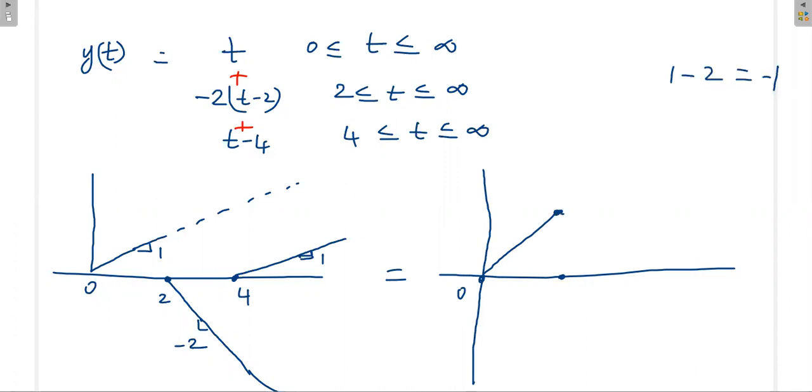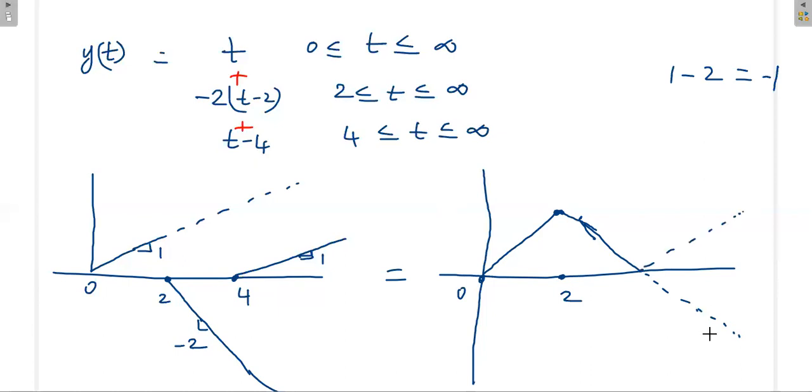From here you come with the slope minus 1 up to 4, because exactly at t is equal to 4 one more function starts. Even though you are going in this direction, one more function goes in the other direction.